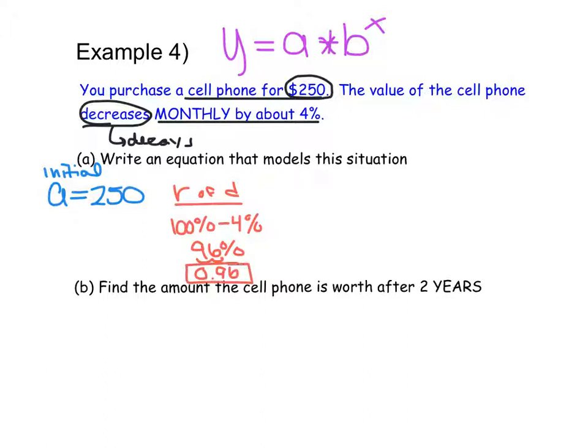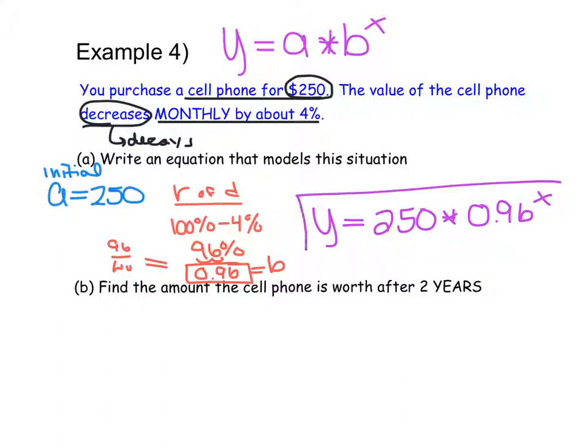And remember, if you want to use the trick of 96 over 100 and divide it out to find 0.96, that is okay too. But that 0.96 is our B value. Then from here we can write our equation. So we have y is equal to $250 times 0.96, which is our rate of decay, to the power of x.